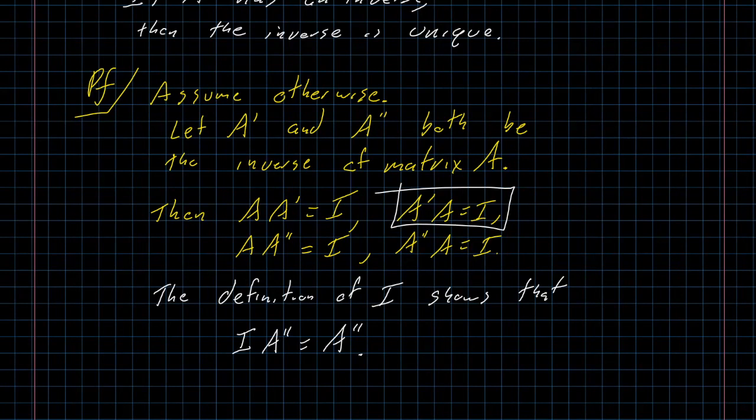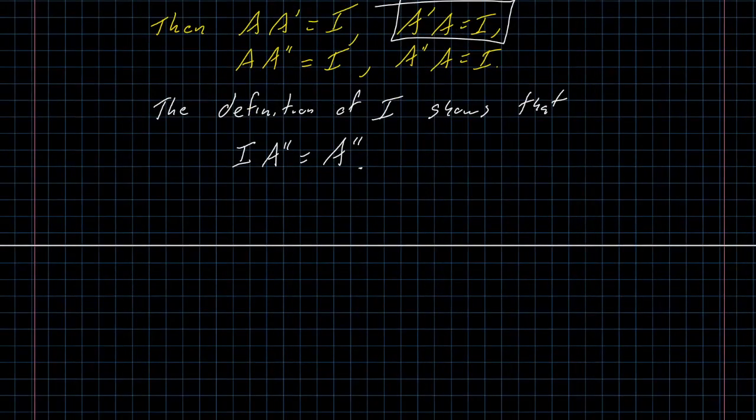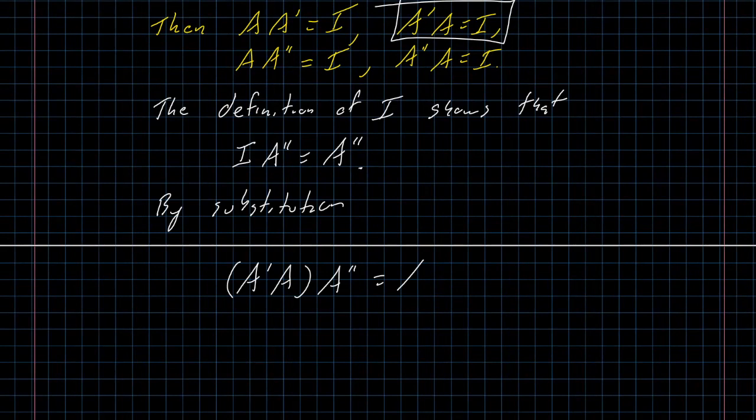So I times A double prime is equal to A double prime. By substitution, I know that A prime times A is I. So A prime times A double prime is equal to A double prime.